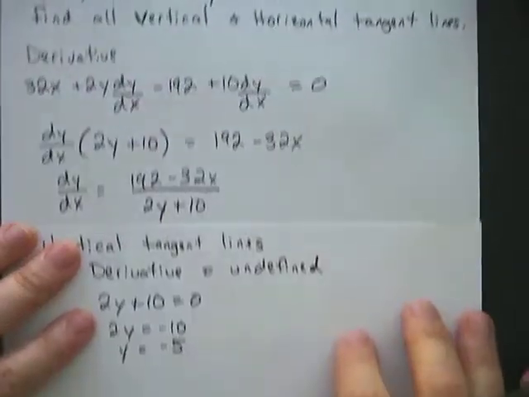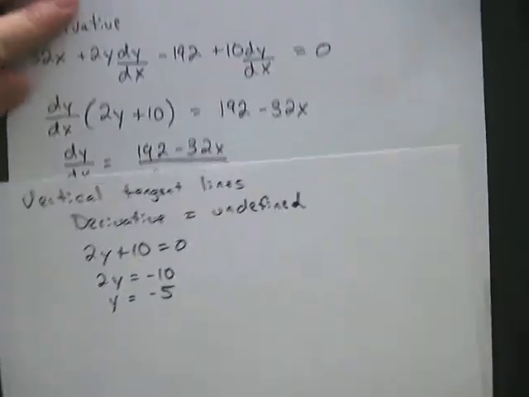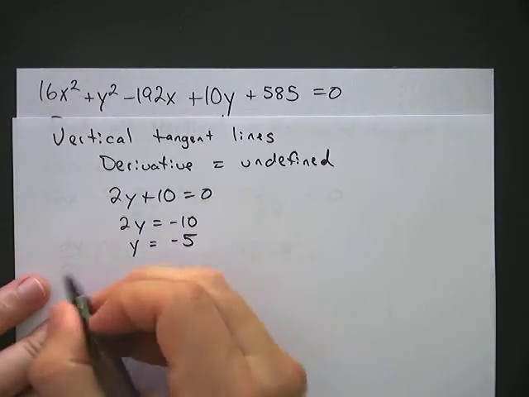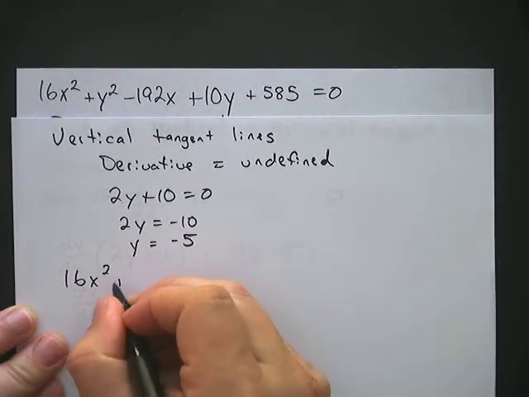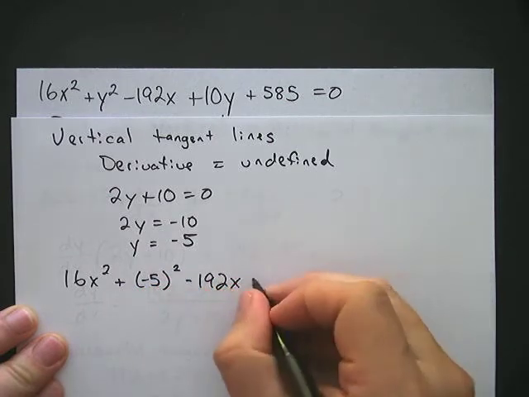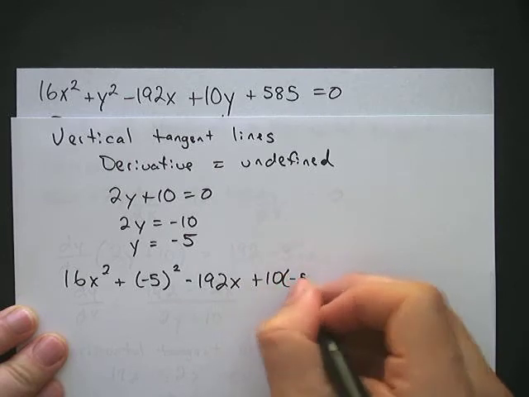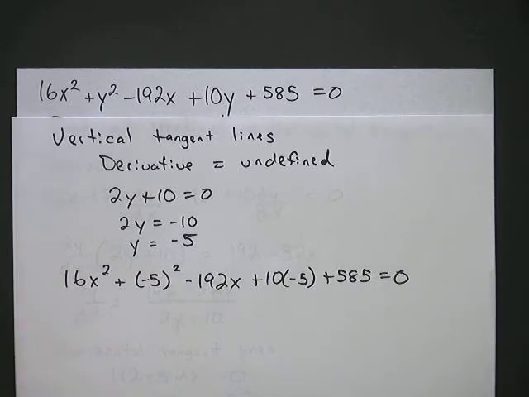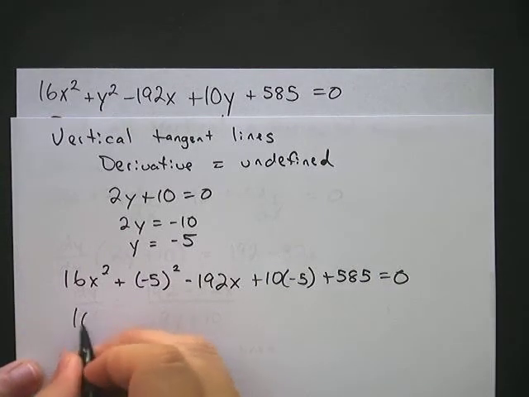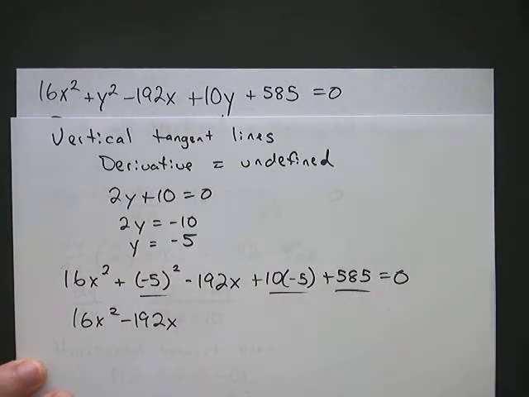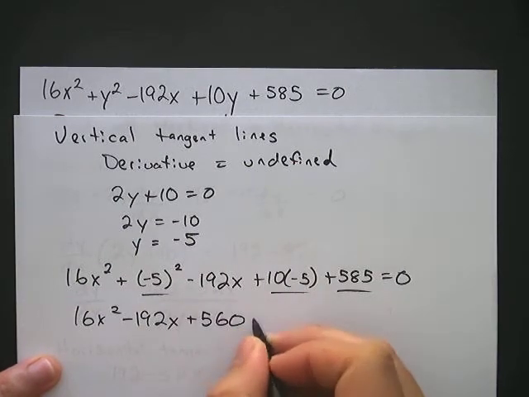So we have 16x squared plus negative 5 squared minus 192x plus 10 times negative 5 plus 585 equals 0. So we have the 16x squared minus the 192x, and then you've got 3 constants. If you add all those up, you'll get 560.